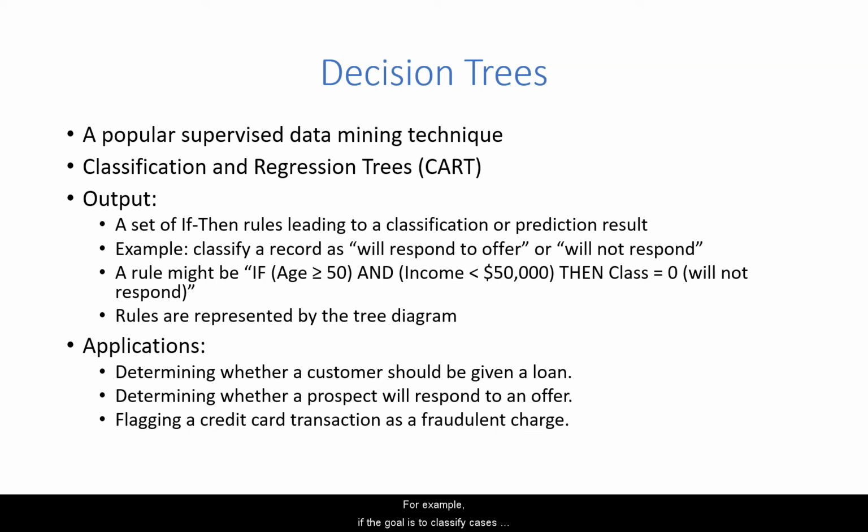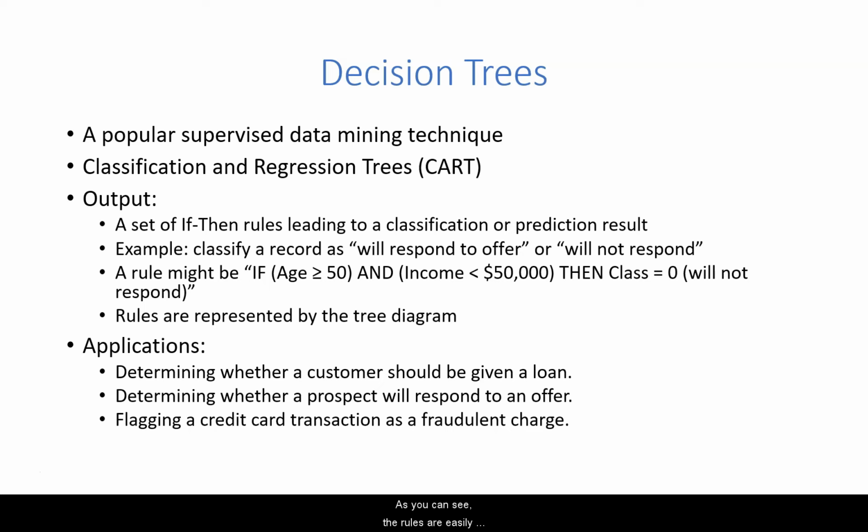For example, if the goal is to classify cases into either the will respond to offer class or the will not respond to offer class, the rule may be something like this: if age is greater than or equal to 50 and income is less than $50,000, then class equal to 0, or the case belongs to the non-target class, which is the will not respond to offer class.